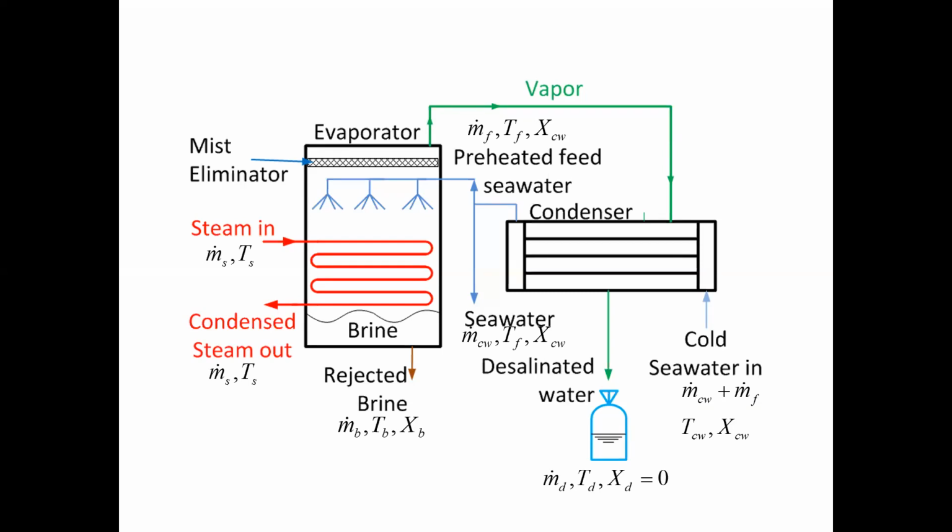This is one thing. The second thing is that this vapor is coming at high temperature. If it is carrying some salts or water droplets, salty water droplets, it may damage the condenser. The condenser has tubes. Normally you prefer to make them out of copper or brass nickel materials.